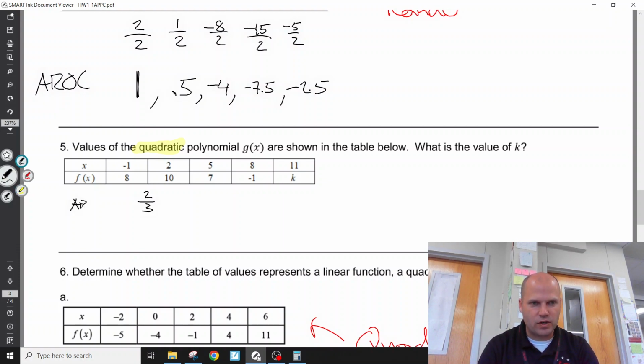So let's find these average rates of change. We got 2/3 here. We are going down 1. This we're going down 6 over 3. So that's down 8/3. Sorry, it's -1.